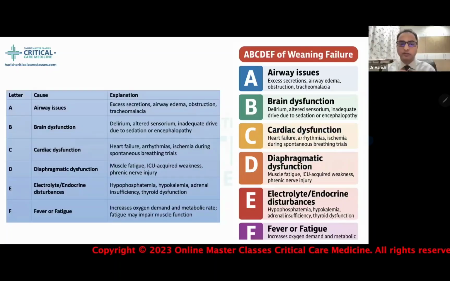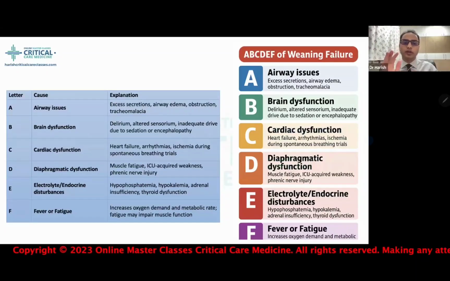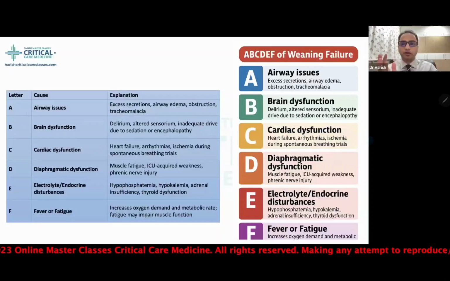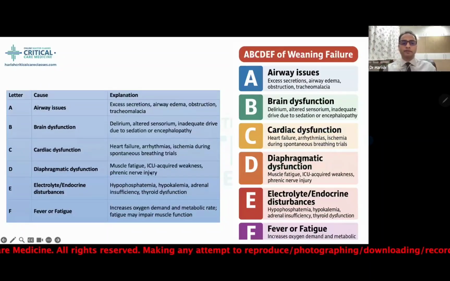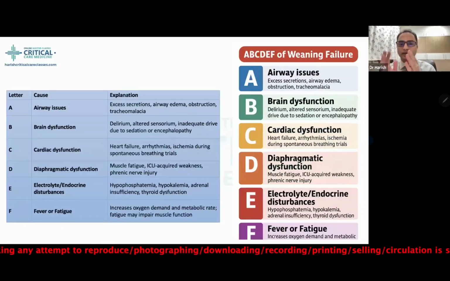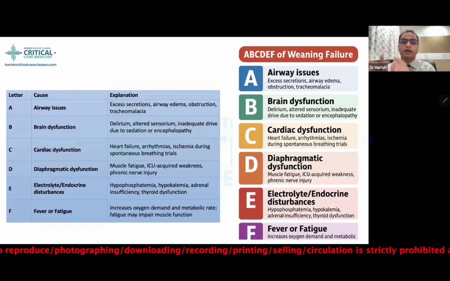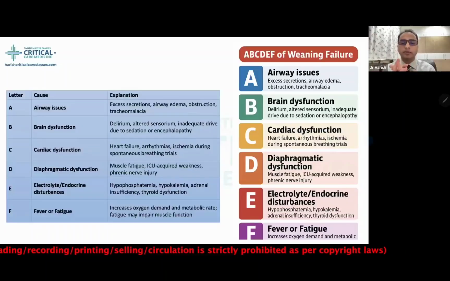They might have diastolic dysfunction, arrhythmia, or ischemia when you put a patient on spontaneous breathing because of supply-demand mismatch. Diaphragmatic dysfunction may manifest as muscle fatigue. ICU-acquired weakness, that is critical illness polyneuropathy or myopathy, can involve the diaphragm, or rarely it may be because of phrenic nerve involvement also.